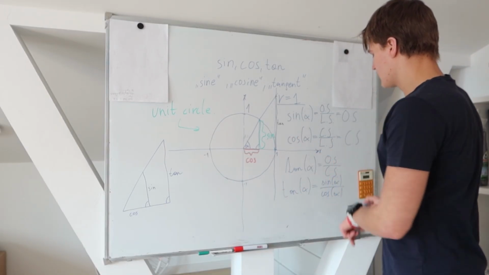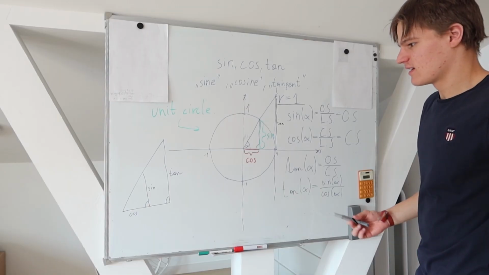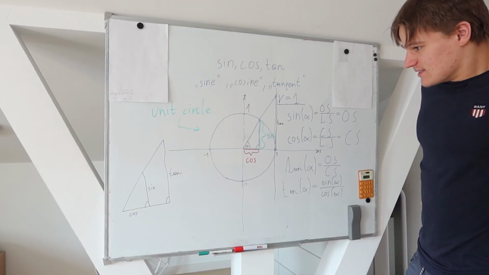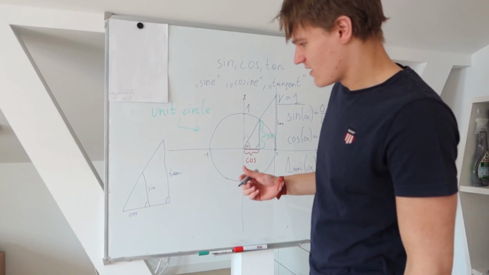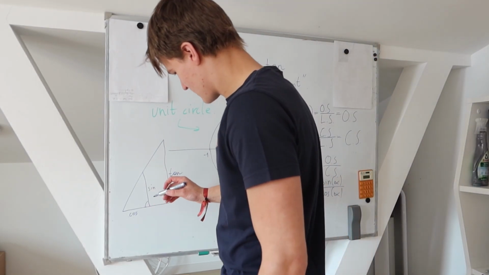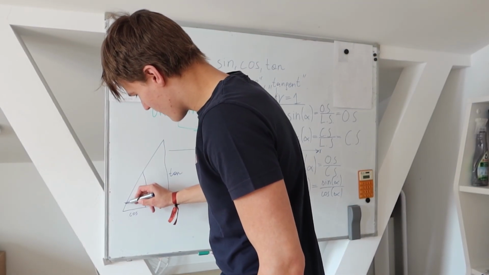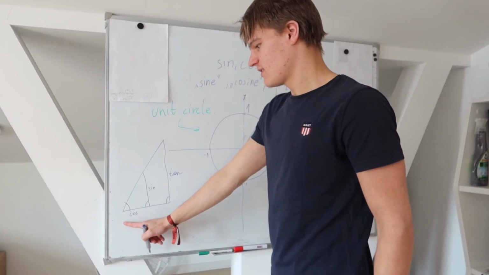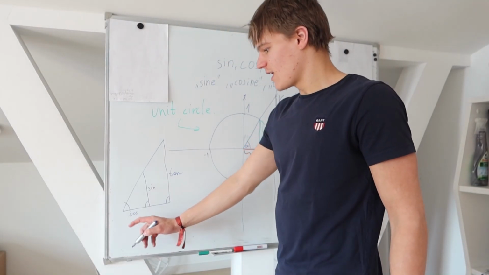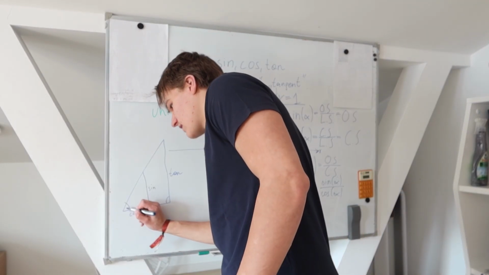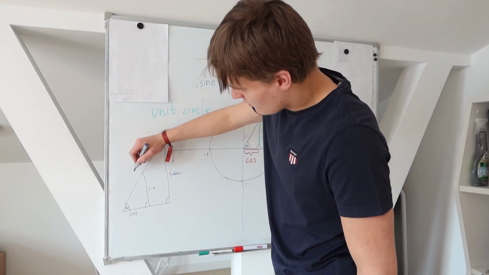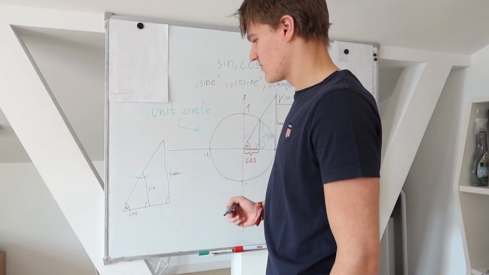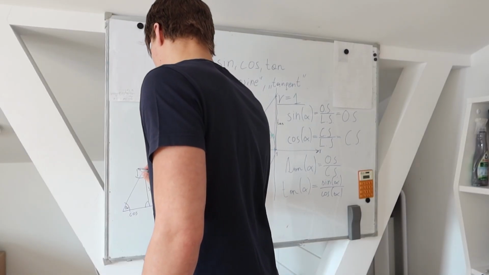Why is it defined as the opposite side divided by the cos? Well, we can see here that we have an angle here, right? Okay, let's just call this angle alpha again. We also have an angle here, which let's just call beta.